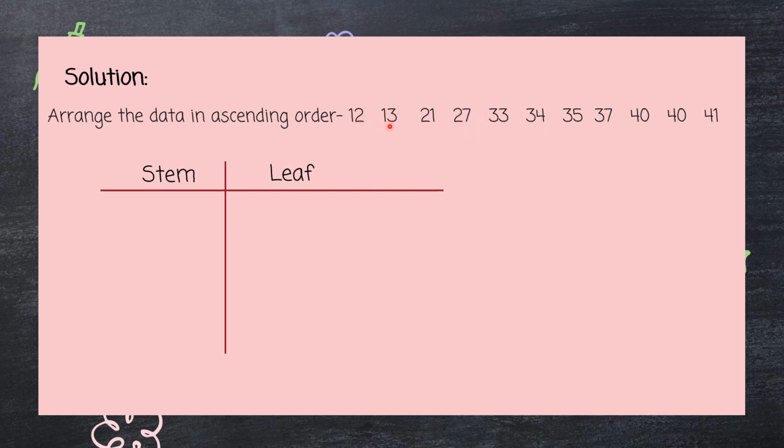Data 12 and 13 have the same stem, with the first digit 1, and the second digits 2 and 3 as the leaves. Arrange all the scores in a vertical manner from the smallest score to the biggest score. For each stem, the leaves are arranged in ascending order from left to right.